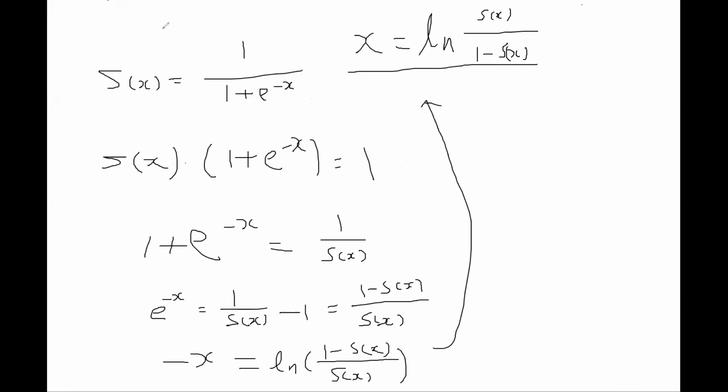So we started with S(x) equal to 1 divided by 1 plus e powered by negative x. We use this times the new denominator, then we come back with this. And then we use divided by S(x) on both sides, we come back with this function form.